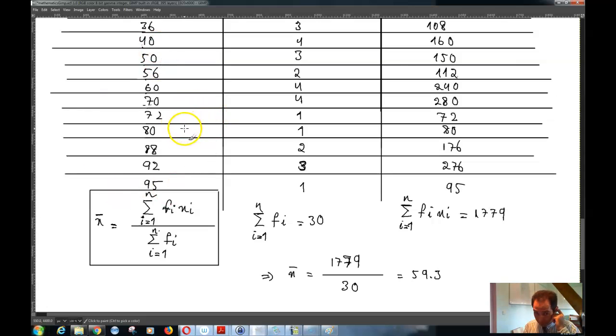But when the number of your observations gets too large, then it's not possible to do this kind of thing anymore.